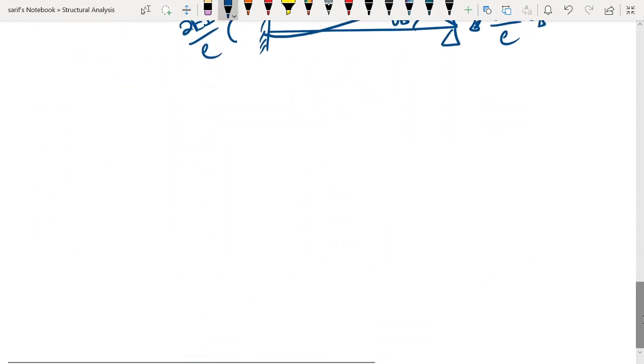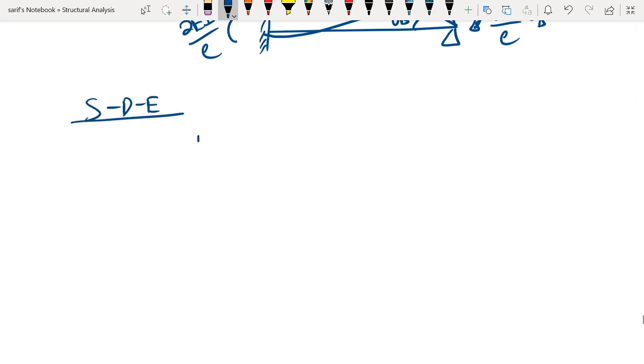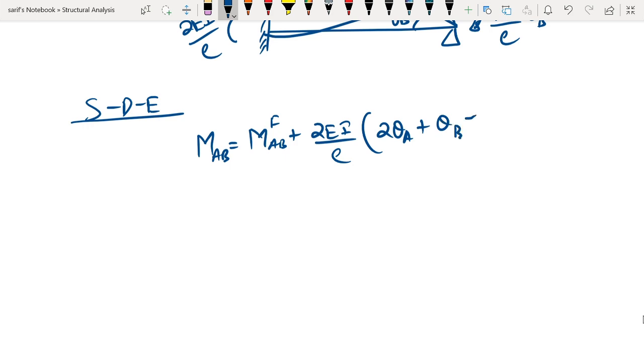So finally, the slope deflection equation is MAB is equal to MFAB plus 2 EI by L into 2 theta A plus theta B minus 3 delta by L.